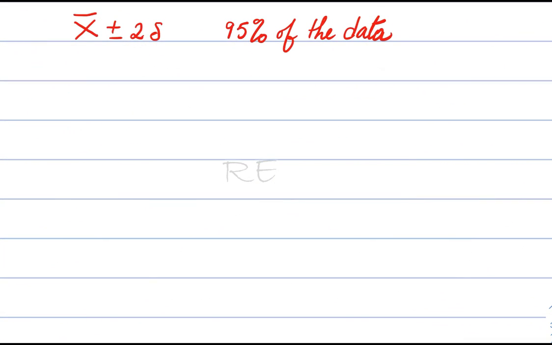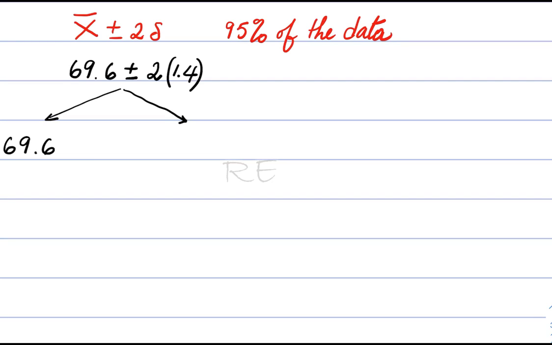Now, they want to know between which points fall 95% of the data. According to the empirical rule, 95% of the data will fall within 2 standard deviations from the mean. It's going to be 69.6 plus or minus 2 times the standard deviation, which is 1.4.